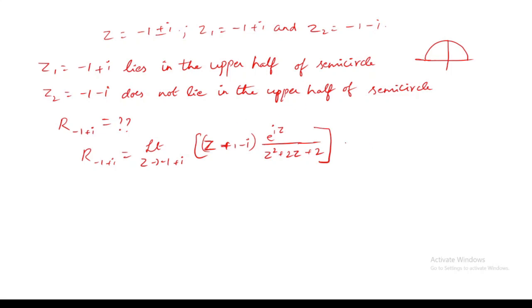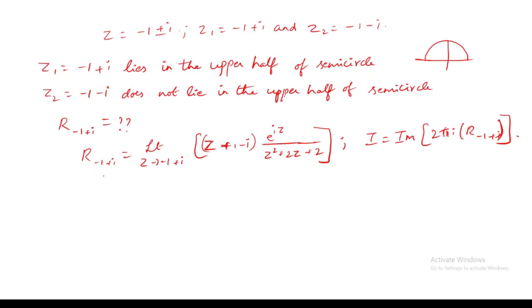After finding the residue, I can write the integral I equals 2 pi i into the residue at minus 1 plus i, and we need the imaginary part also. So I equals the imaginary part of 2 pi i into the residue at minus 1 plus i.